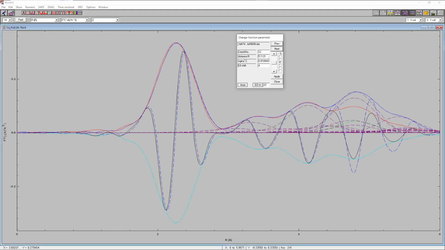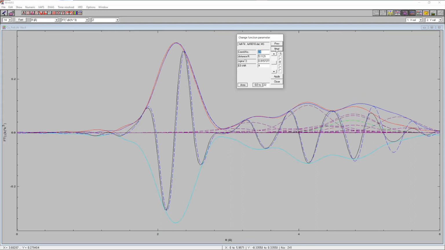So here's the next single scattering path, and then this is the last one. So we increase this, and yeah, we can get a pretty good agreement between experiment and theory here.